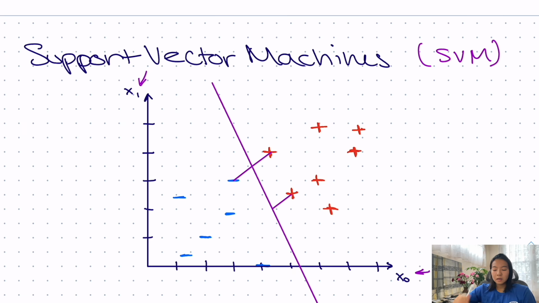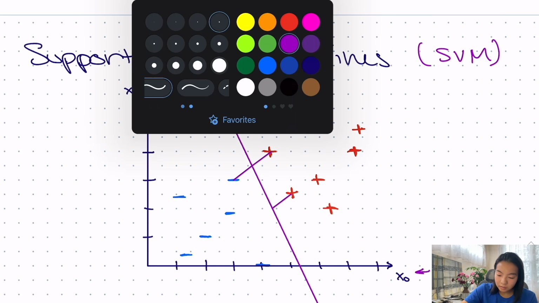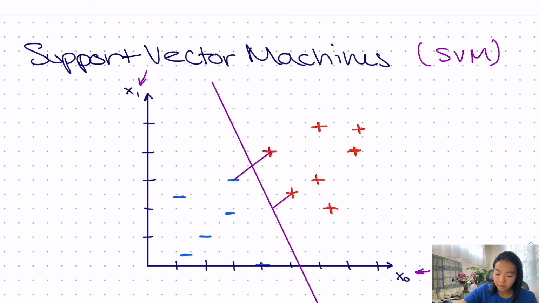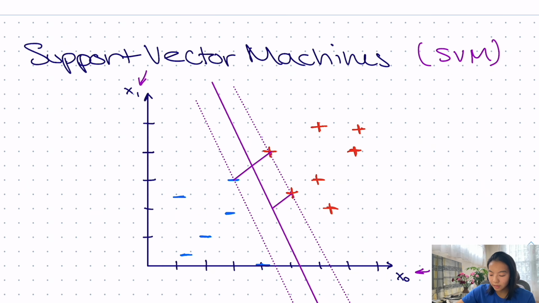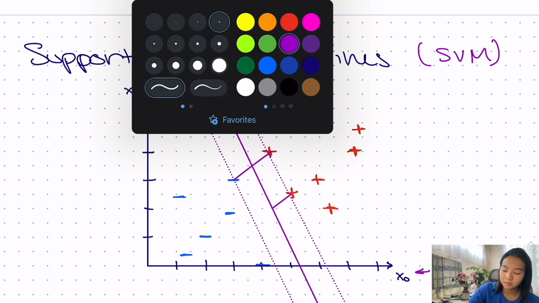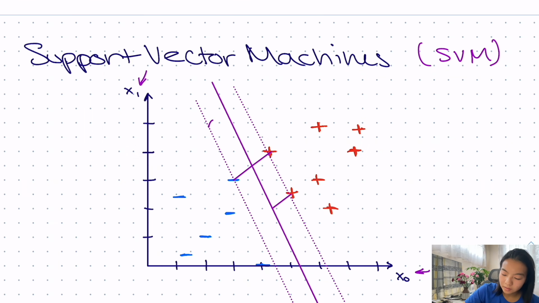Right? And so effectively, if I switch over to these dotted lines, if I can draw this right, these are what's known as the margins. Both of these here are our margins in our SVMs, and our goal is to maximize those margins.